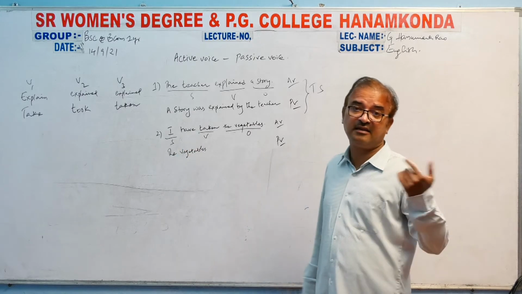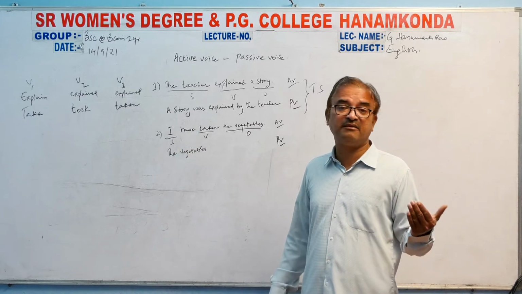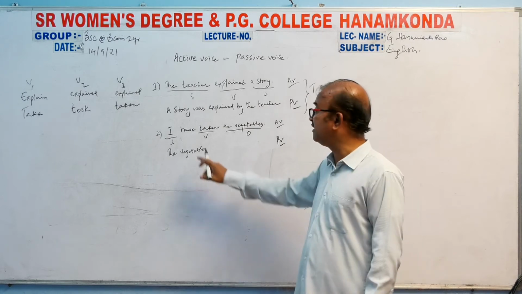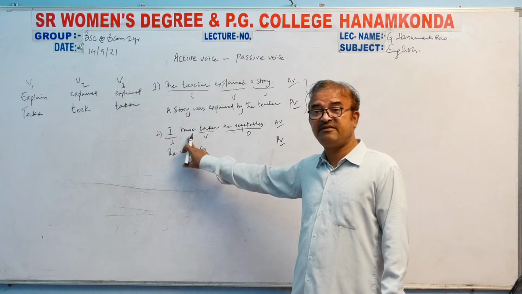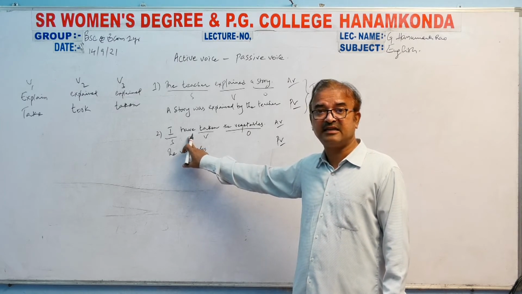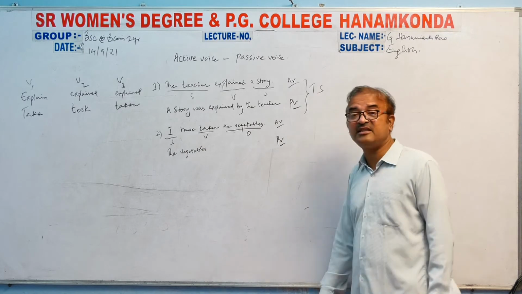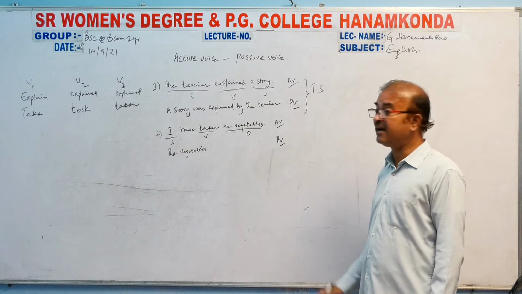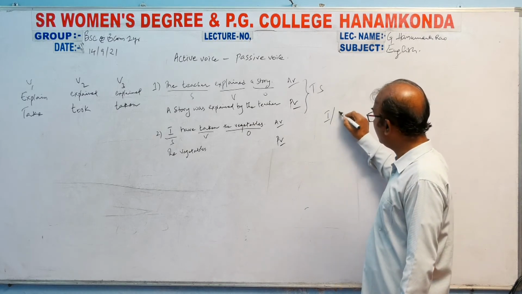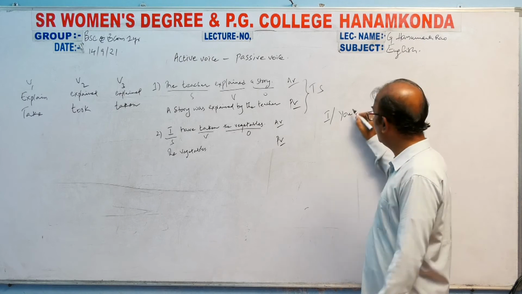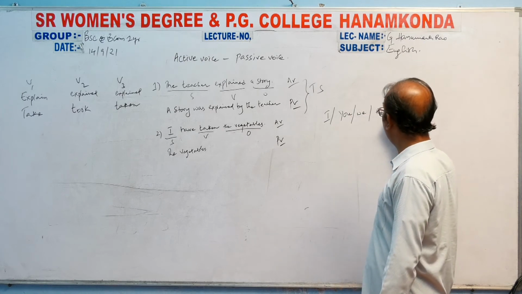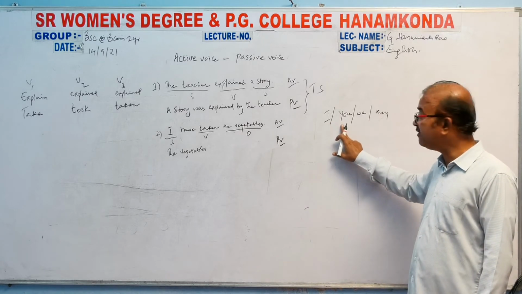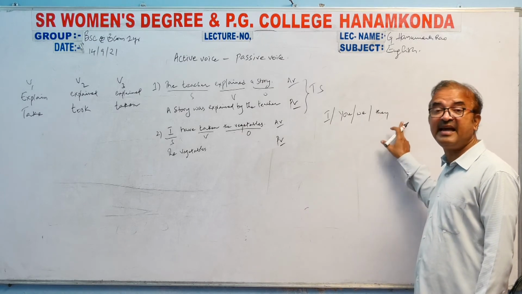And girls, in the previous classes, when I was dealing with correction of sentences, I gave you several ideas where and when to use this have. Have is the present perfect tense. Where and when can we use have? We can use have for I, you, we, and they. That means I have, you have, we have, and they have.